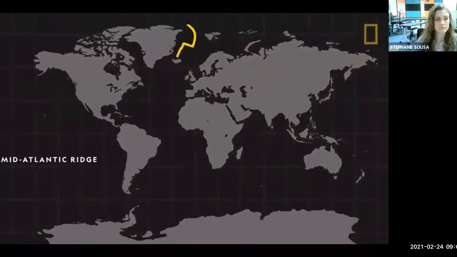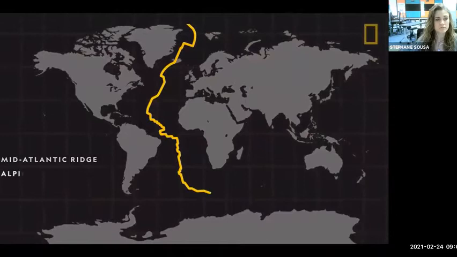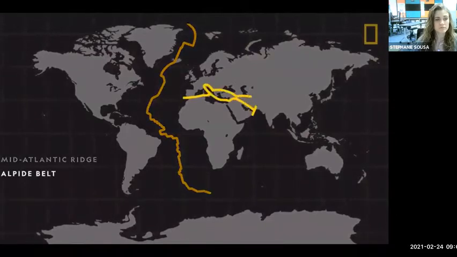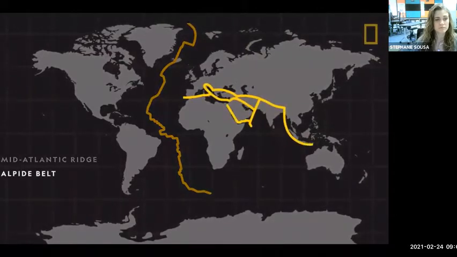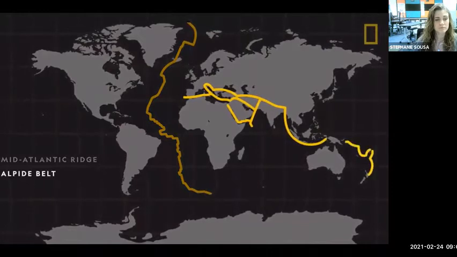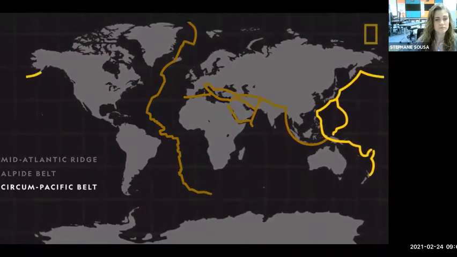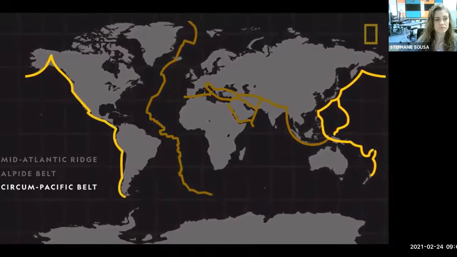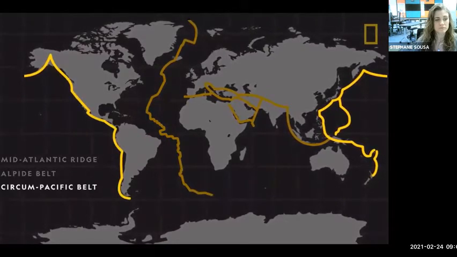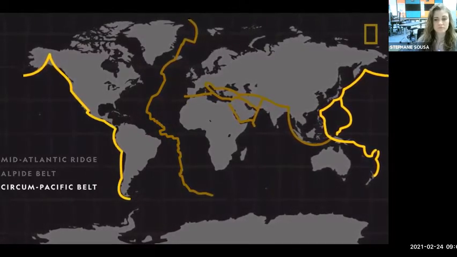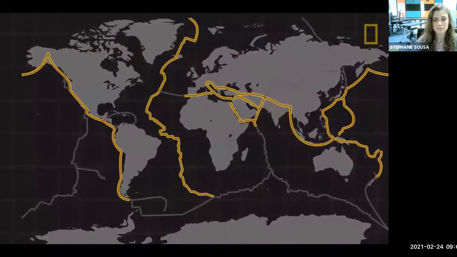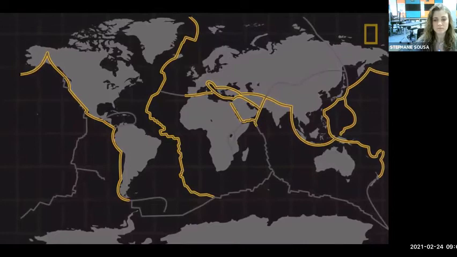The Mid-Atlantic Ridge, an underwater line that runs down the Atlantic Ocean, the Alpine Belt, which stretches from the Mediterranean to Southeast Asia, and the Circum-Pacific Belt, which traces along the edges of the Pacific Ocean and is where about 80% of all earthquakes occur. These areas experience the most earthquakes due to what lies beneath the surface.